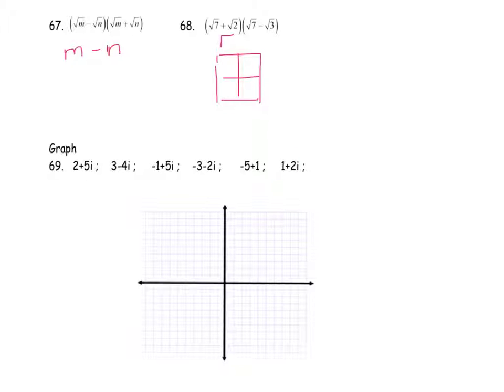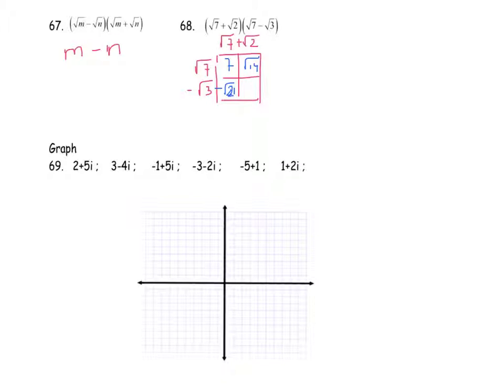So we'll have the square root of 7 and the square root of 2, and the square root of 7 minus the square root of 3. So we have the square root of 49, or just simply 7. Then we have square root 14. Then we'll have negative square root of 21.